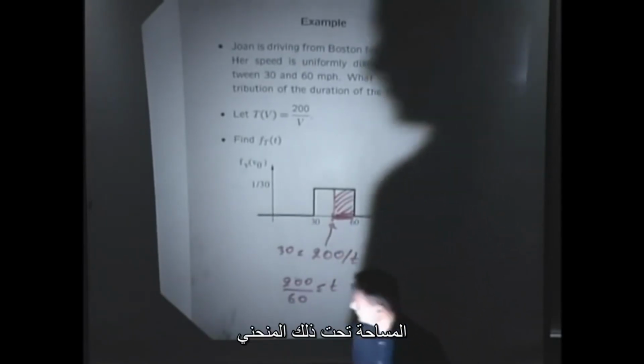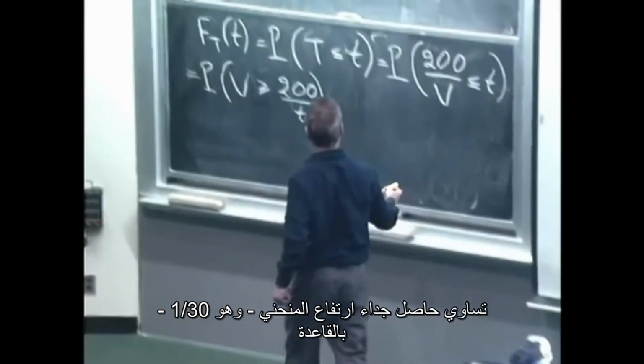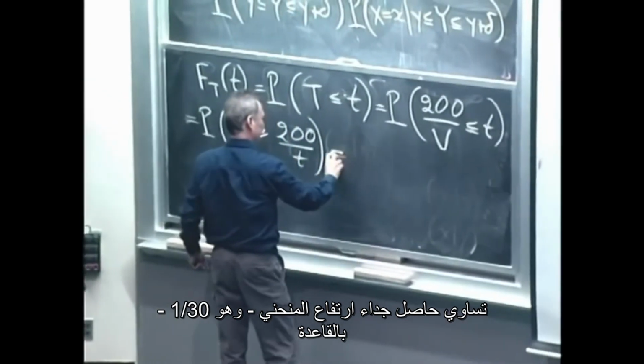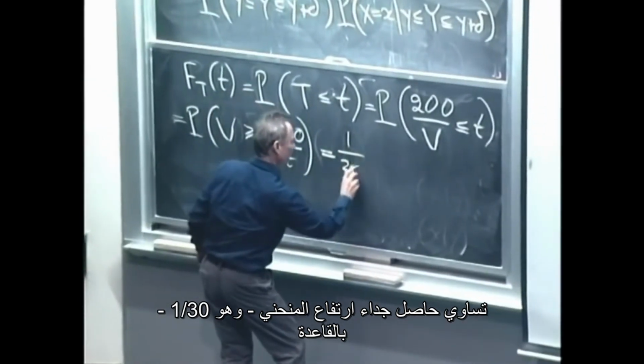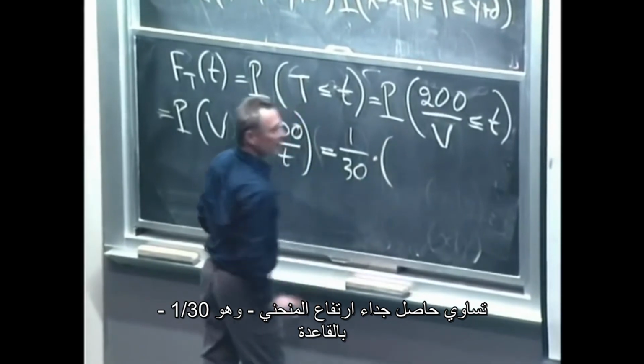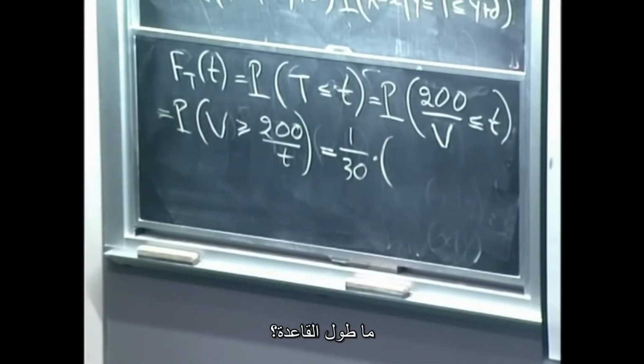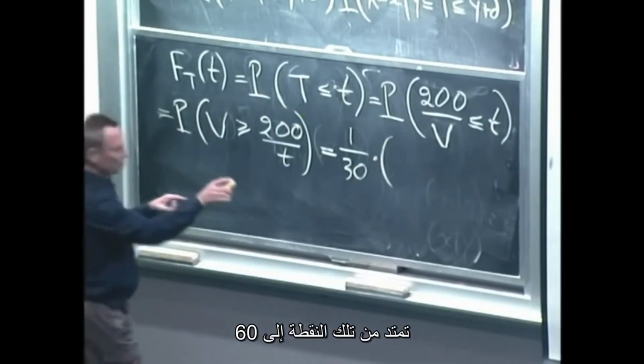So V being bigger than that number is the probability of this event. So it's going to be the area under this curve. So the area under that curve is the height of the curve, which is 1/3 over 30, times the base. How big is the base? Well, it's from that point to 60.